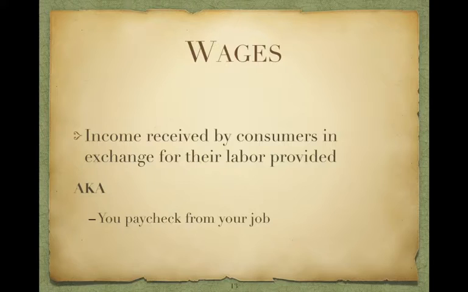Whenever you have your job, you get your gross pay, which is what you could have made, and then you get your net pay, which is after the government is done taking taxes from you. Net income and disposable income are the same thing, and we're going to talk about that more. The wages that you bring home, that's your disposable income, your net income.